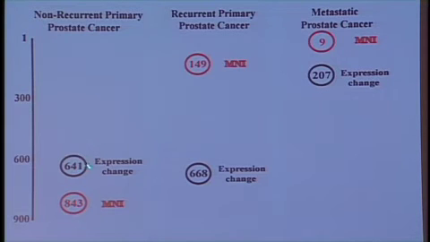Expression change alone is about 600, not above the level of significance. There is no difference when you look at expression change alone between the non-recurrent and the recurrent, but it pops up into the level of significance when you pass it through the network. So now it becomes a significant measure when you filter it through your network. And then when you look at the metastatic case, it pops up to a very high level, and it's still below the measure of significance on expression change alone.